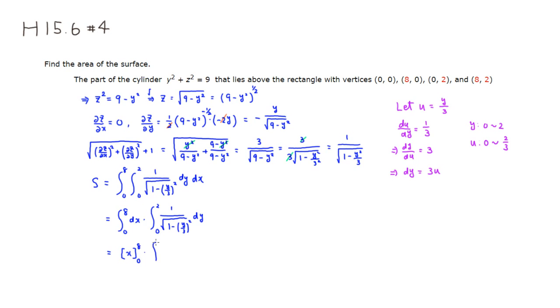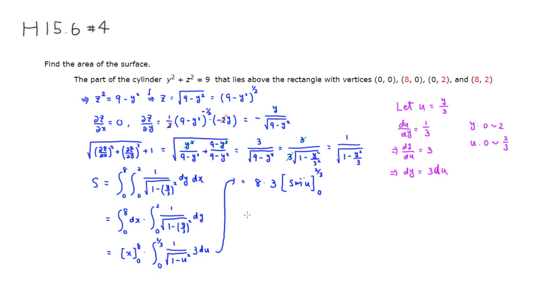I'm going to rewrite the other integral from 0 to 2/3 of 1 over the square root of 1 minus u squared, and dy can be written as 3 du. Plugging in 8 minus 0, that's just 8. The 3 is pulled out, and the antiderivative of 1 over the square root of 1 minus u squared is arcsine of u, going from 0 to 2/3.